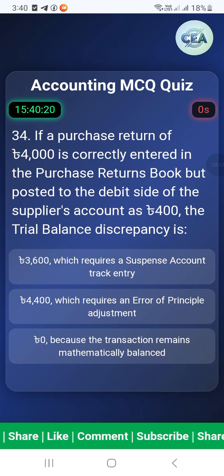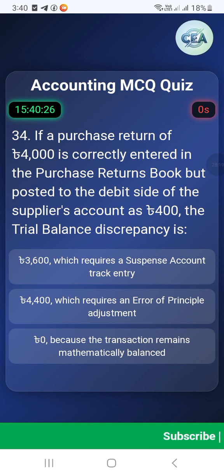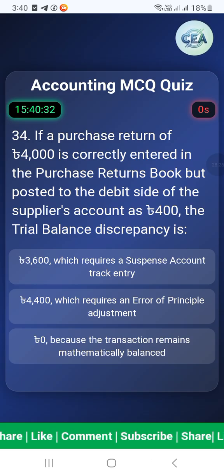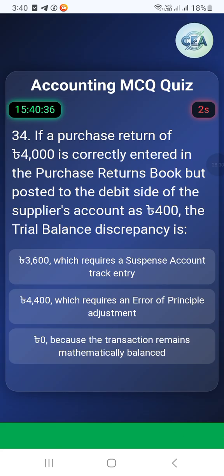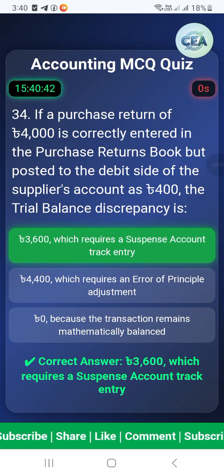Option 2. 4,400 takas, which requires an error of principal adjustment. Option 3. 0 takas, because the transaction remains mathematically balanced. Correct answer is 3,600 takas, which requires a suspense account track entry.